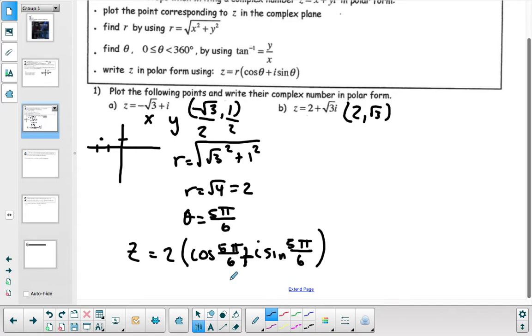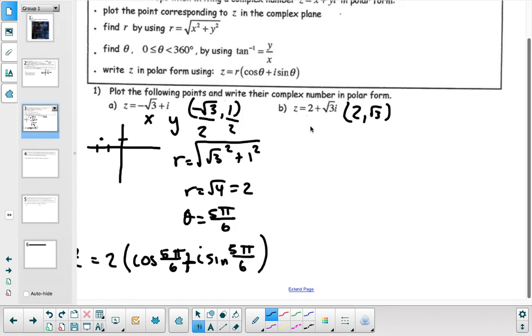That would just be putting it back into rectangular form or standard form of these complex numbers. So this is just the polar form of the complex number. There's nothing to do here. It's as simple as this. Just like we wouldn't do anything with this, except we just did stuff to this to put it into this form. So these mean exactly the same thing. They're just different forms.